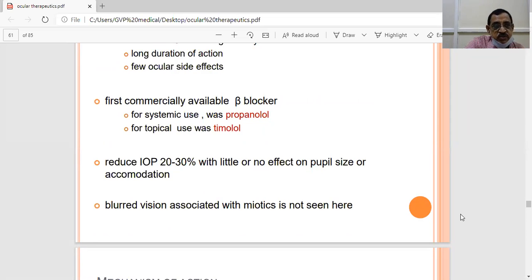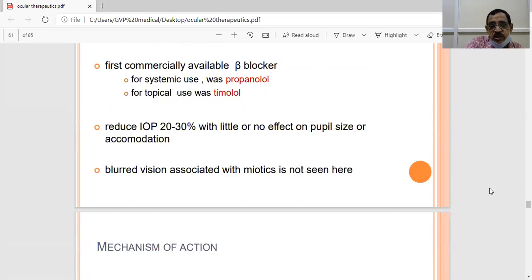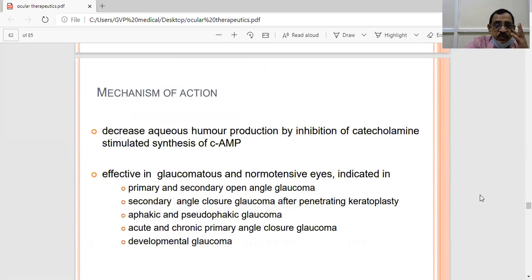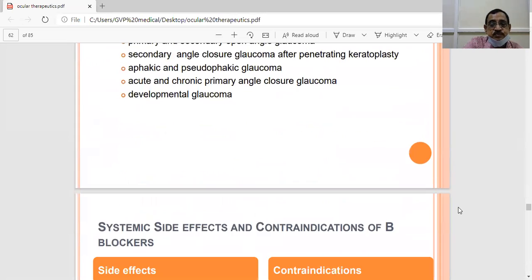Blurred vision associated with miotics is not seen with beta blockers. The mechanism of action is that it decreases aqueous humor production by inhibiting catecholamine stimulated synthesis of cAMP. Effective in glaucomatous normotensive eyes, indicated in primary and secondary open angle glaucoma, secondary angle closure glaucoma after penetrating keratoplasty, aphakic and pseudophakic glaucoma, acute and chronic primary angle closure glaucoma, and developmental glaucoma.